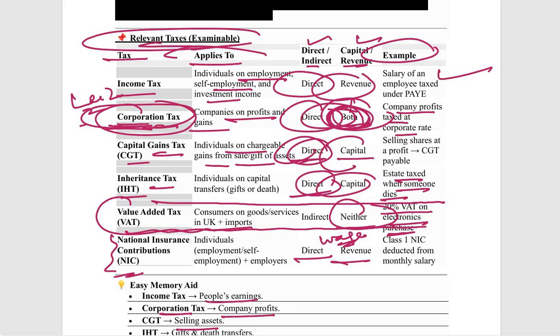Income tax means people's earnings, corporation tax company profit, CGT selling assets, IHT gifts and death transfers, VAT spending on goods and services, NIC social security on wages. So all these 6 key taxes are examinable, and now you know exactly who they hit and how they are classified.